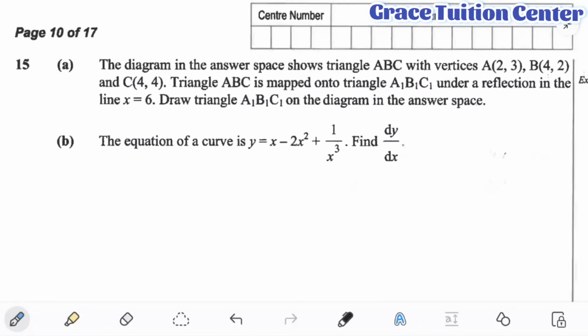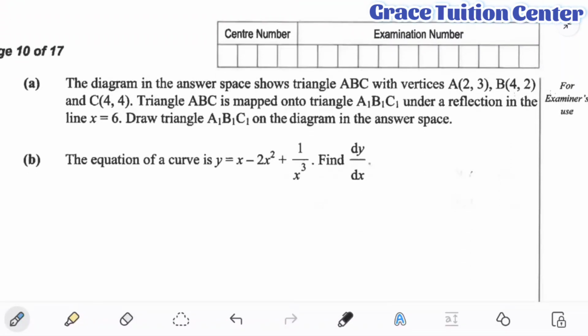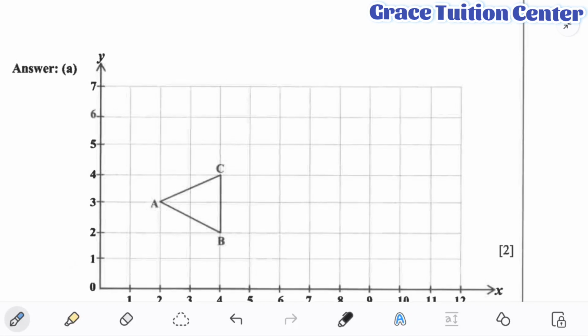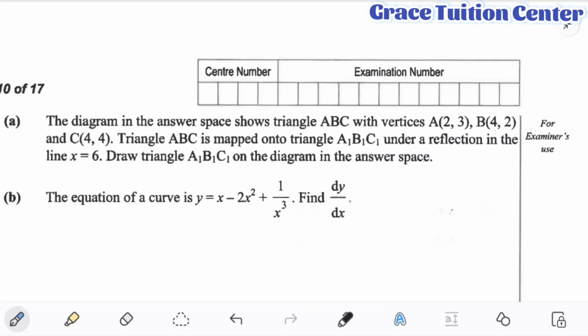The next question is question 15, and in this question, the first part is transformation, then the second part is calculus. For the transformation question, it says the diagram in the answer space, this diagram here, shows triangle ABC with vertices A (2,3), B (4,2), C (4,4).